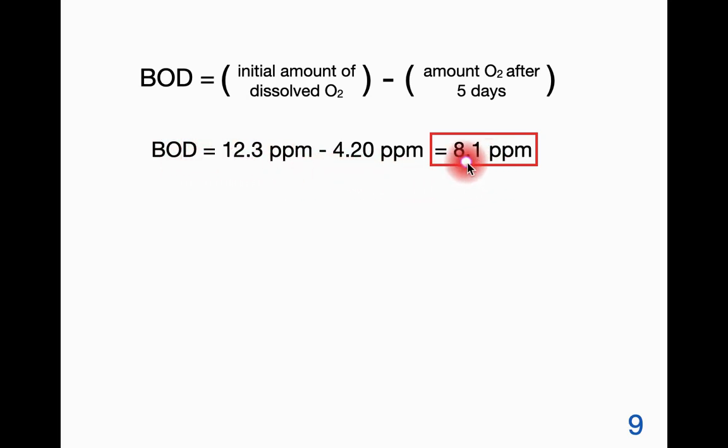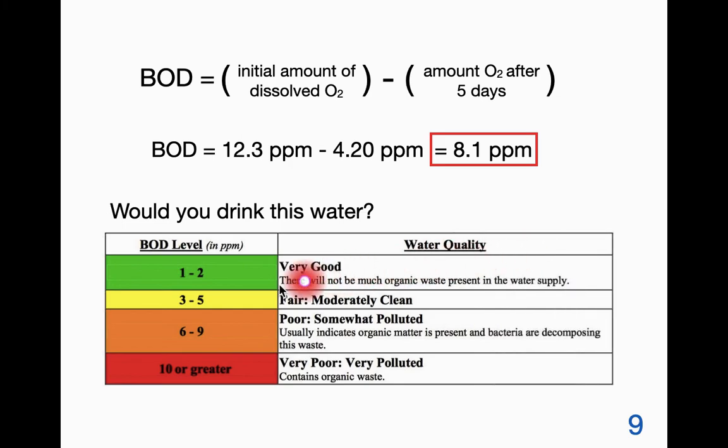So 8.1, probably not so good. Would you drink this water? Well, if we use this scale here, we see that 8.1 is down here. So it's poor, somewhat polluted, usually indicates organic matter is present and bacteria are decomposing this waste. So probably wouldn't want to drink that water.